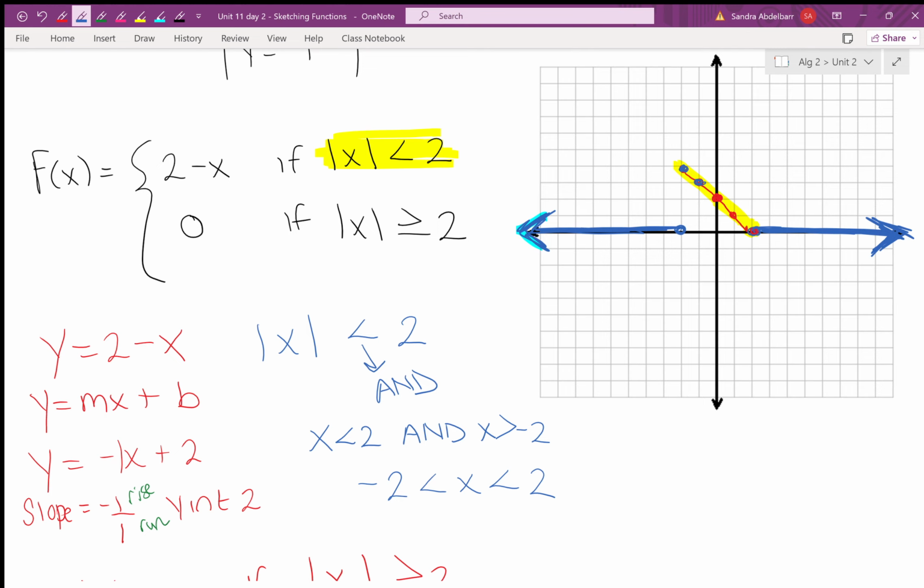Oh, wait. Sorry. For this one, there was no equal to, so this is an open circle. And this should have been an open circle, but what do we realize? Closed trumps open, right? So that's why that's still closed.